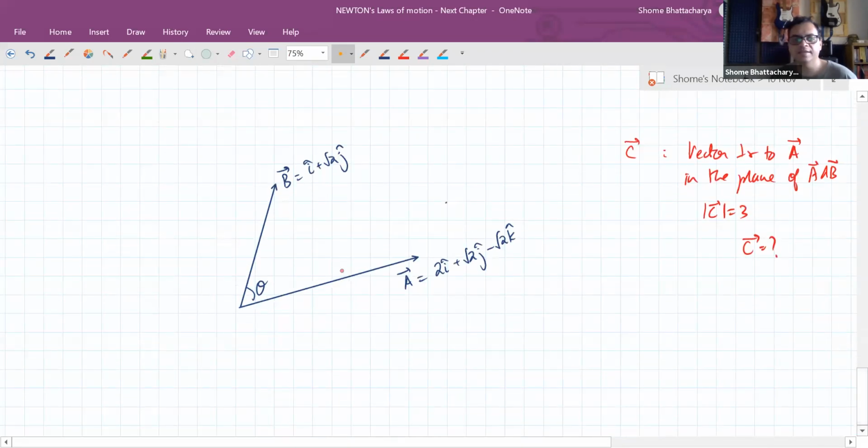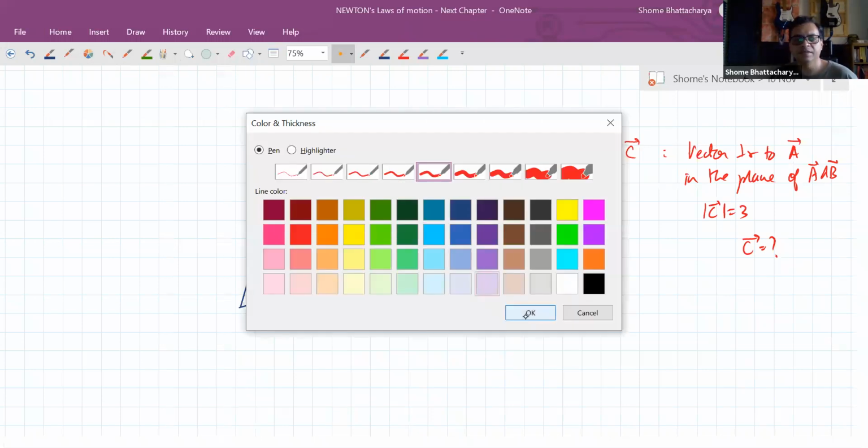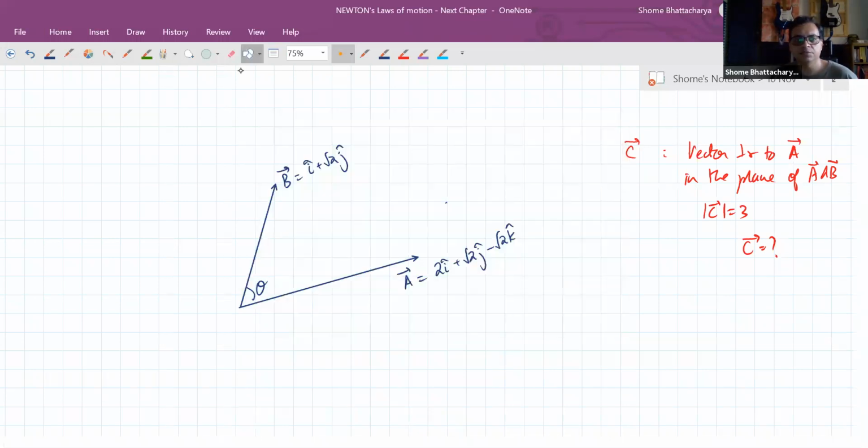Okay. So in the diagram, let's first understand which is the direction which is perpendicular to A but lying in the plane of A and B. That is nothing but this direction.